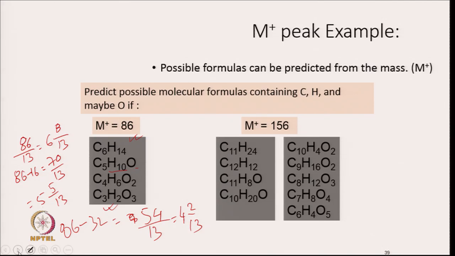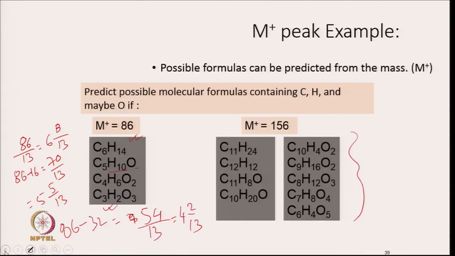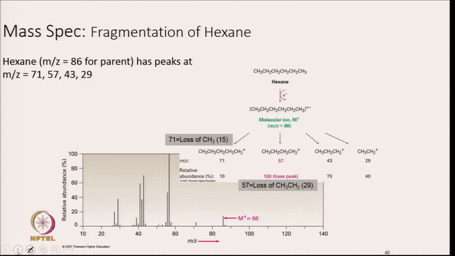And if M plus is 156, then you have this many possibilities. And suppose we have hexane, so here you see this is hexane. If we have hexane, then we expect a peak corresponding to M plus equal to 86, and then the first loss of a methyl group will result in a loss of mass by 15, and then you will get the m/z value of 71.